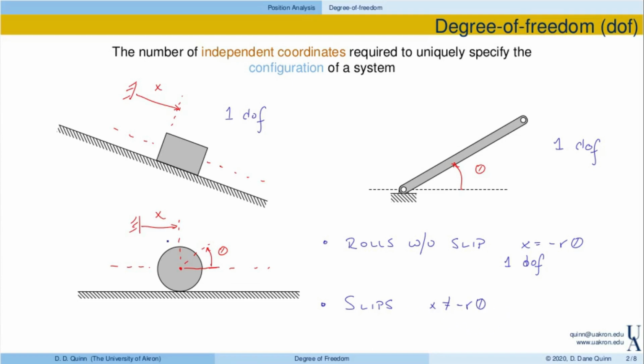And in order to uniquely specify the configuration of the system, so really that means where every single material point is, I would need to know both the horizontal displacement of the disk and then its angle of rotation. So now if it slips, this would actually be a 2 degree of freedom system. So depending on the constraints of the system, we can have a different number of degrees of freedom.